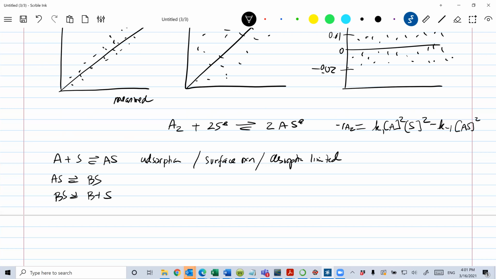You can say adsorption, A not in the denominator, so it doesn't inhibit with increasing A. Desorption limited: what happens if you increase A if it's desorption limited?